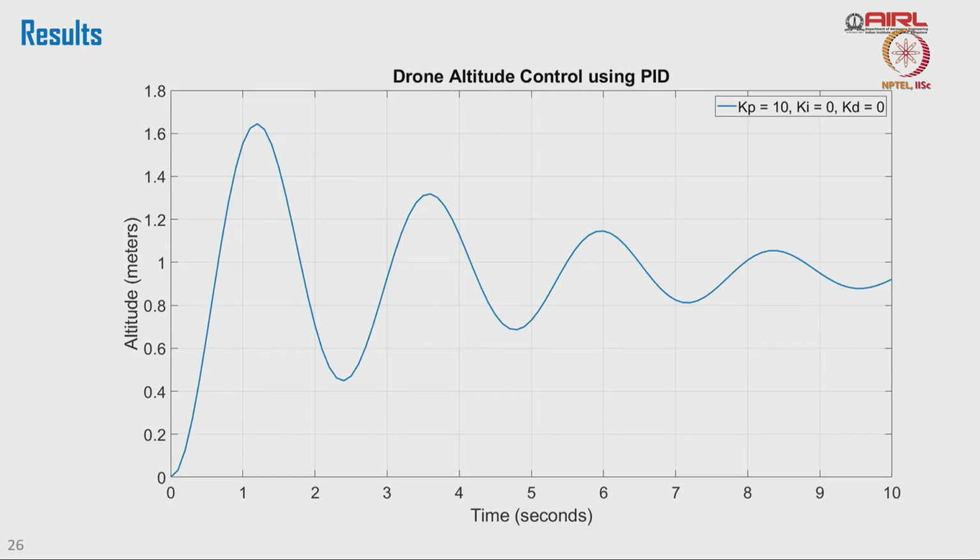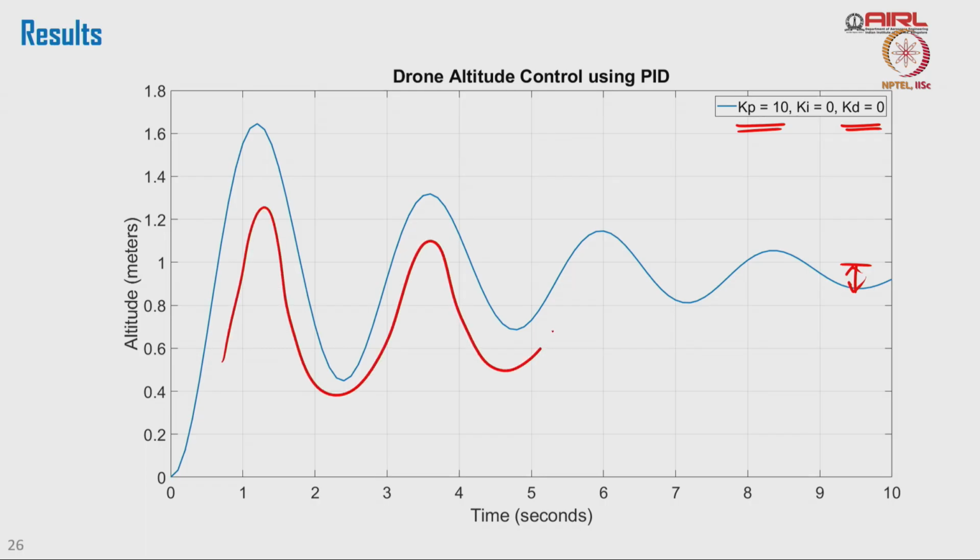So, you see the fast response, what is happening here? We have Kp equal to 10. So, we see that the system is responding very well, very fast, but there is a steady state error even after 9 seconds or so, and since there is no KD, we see one oscillation in the response, right.